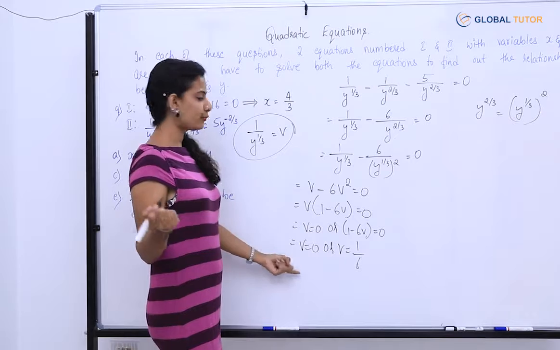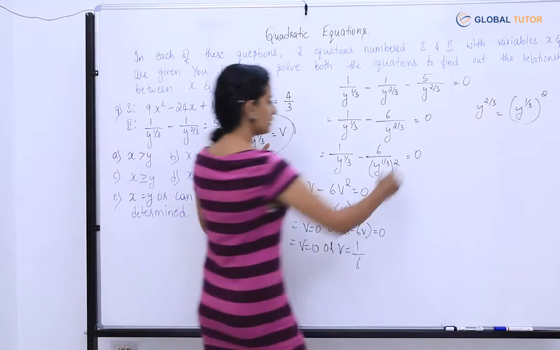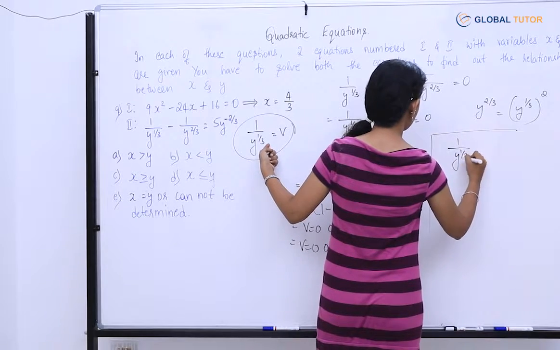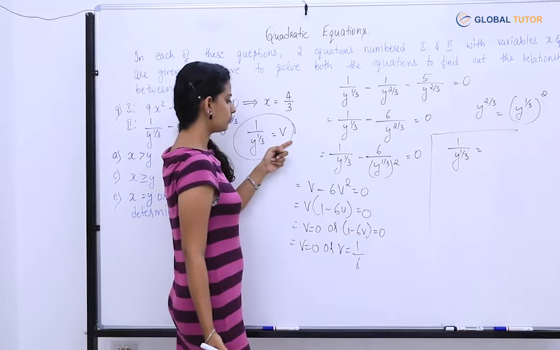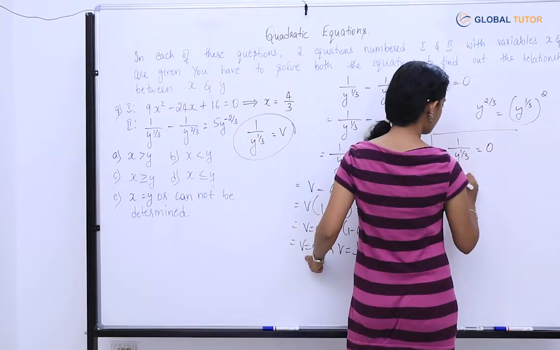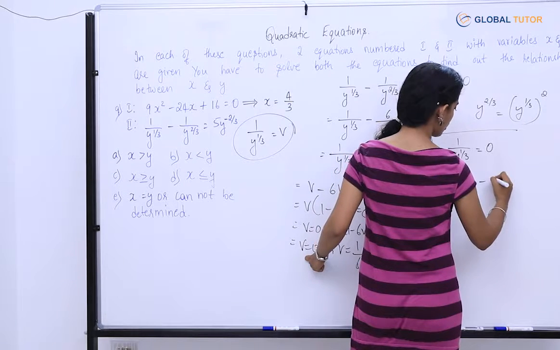We have the values of v. Let us write it in the form of y itself. So 1 divided by y power 1 by 3 is equal to v, which means 0. So y will be equal to 1 by 0, which is not defined.